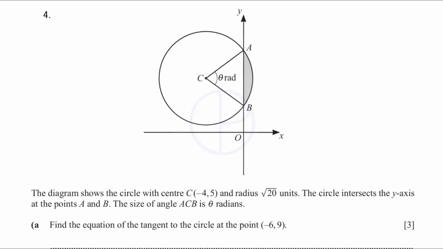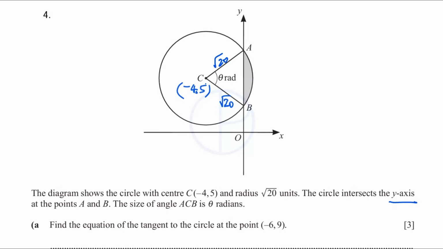So the next question: circle with center C at (minus 4, 5) and radius square root of 20. So this is square root of 20 and this is square root of 20. The circle intersects the y-axis at the points A and B. The size of the angle is theta.